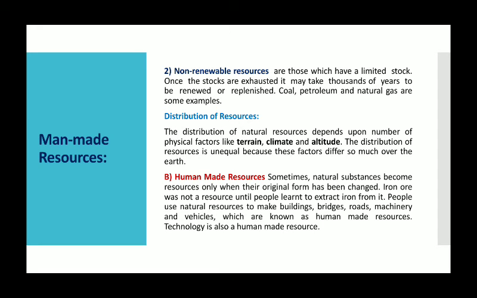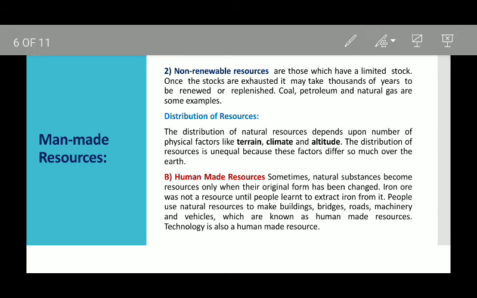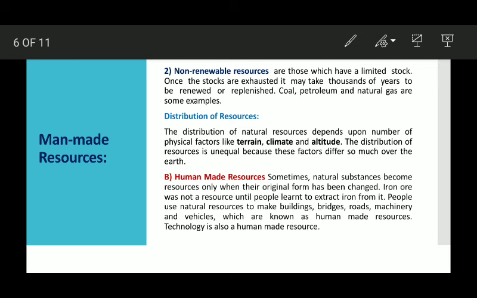As you know, human life is hardly 60 to 100 years, so it is not possible for us to see them again. So, dear kids, it means these resources are non-renewable.